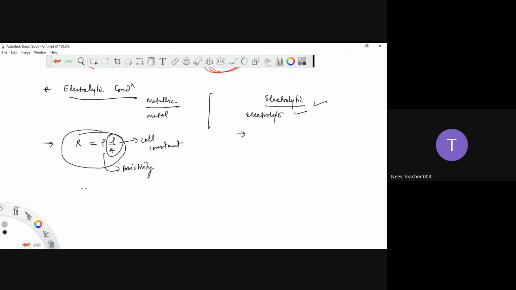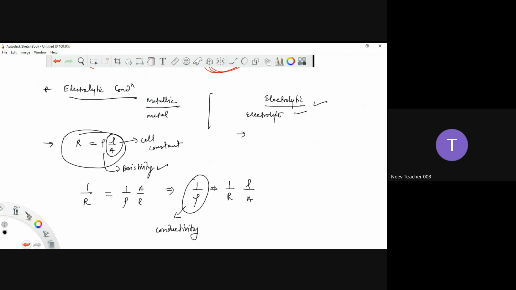Now reverse this: 1 by R is equal to 1 by rho times A by L. Send A by L to the other side, it becomes 1 by rho equal to 1 by R times L by A. Now, 1 by rho, earlier it was resistivity, now it becomes conductivity, the opposite of resistivity.